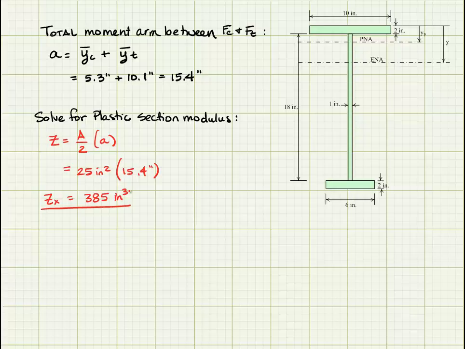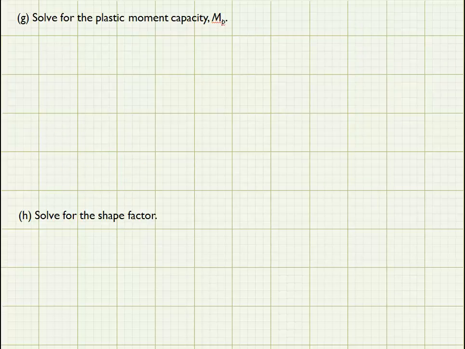Now, except in very, very rare circumstances, the plastic section modulus is always going to be larger than the elastic section modulus. So that's another quick check that you can do to make sure that things are making sense. All right, next we can solve for the plastic moment capacity of the cross section. And this calculation for the plastic moment is just the yield strength of the material times the plastic section modulus.